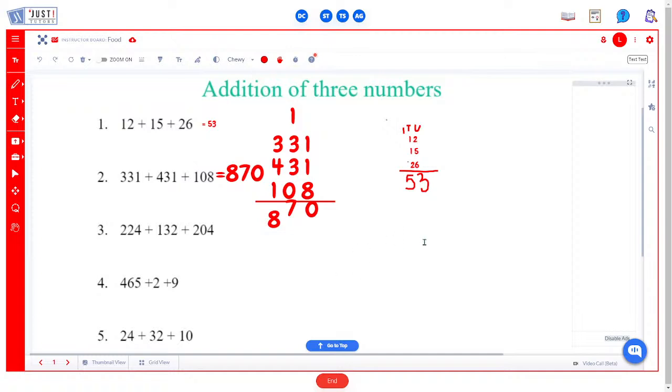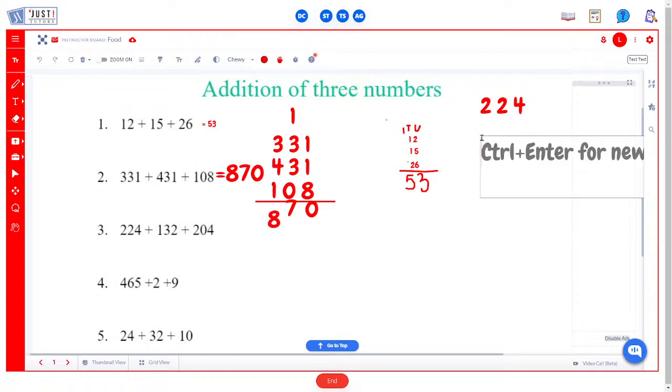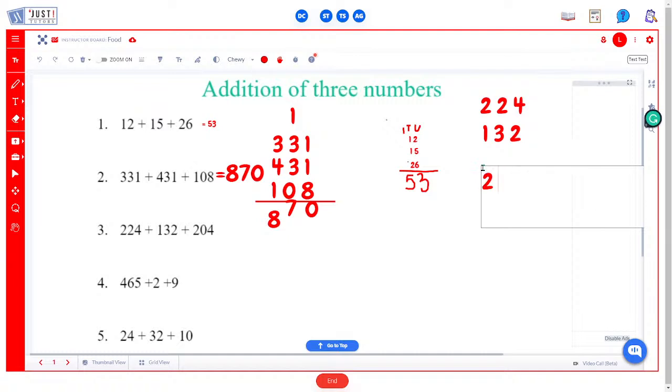Now let's give a try to the third one. We have 224 add 132 add 204.